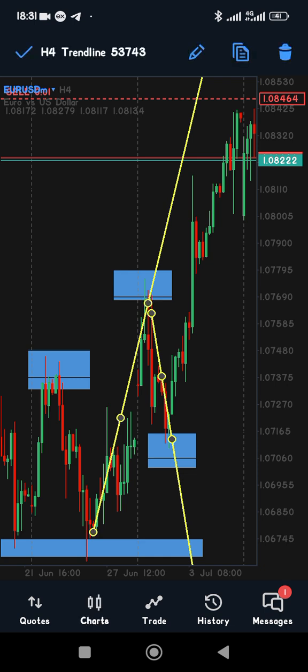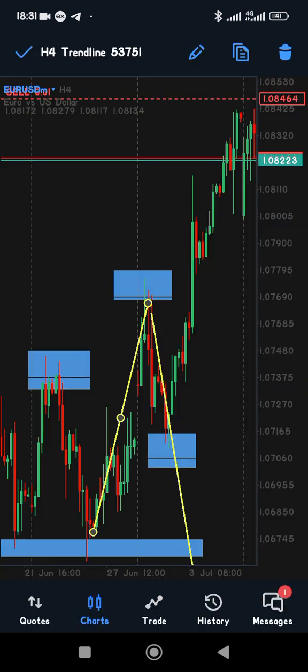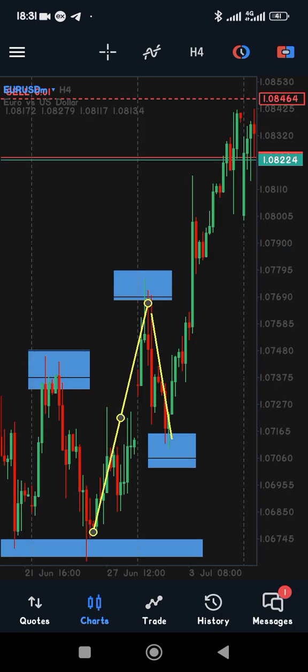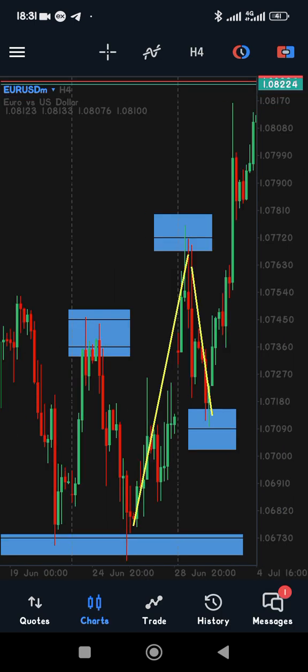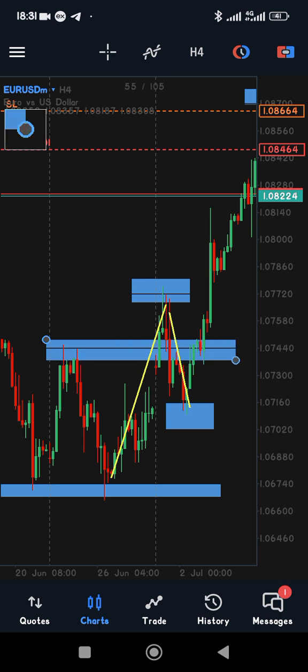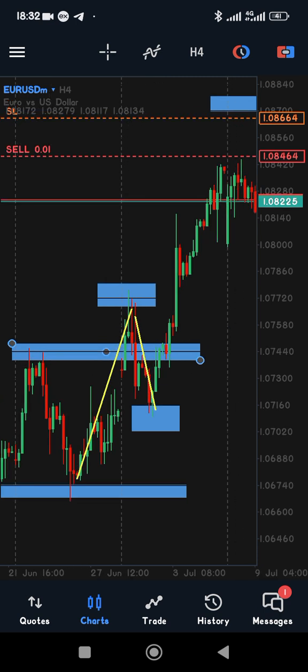Let me remove this ray so that you can understand very well. You can see the structure has been broken here. This area, the structure has been broken, and the market came back. It retraced down to this place over here.